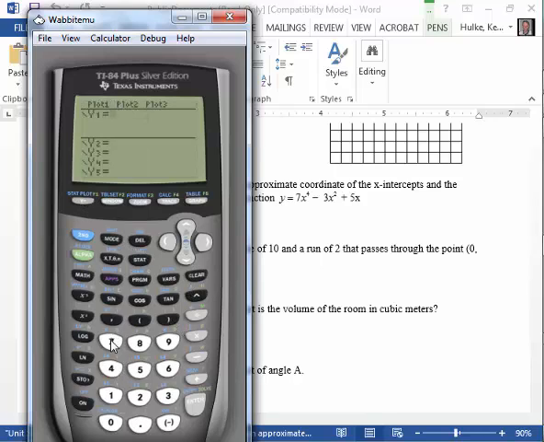Okay, so we've got 7x to the 4th minus 3 x squared plus 5x.